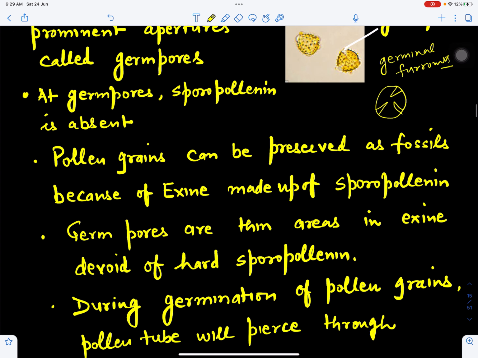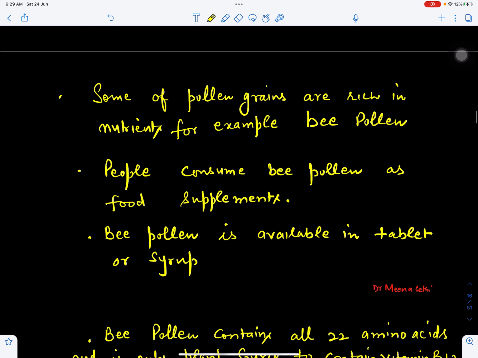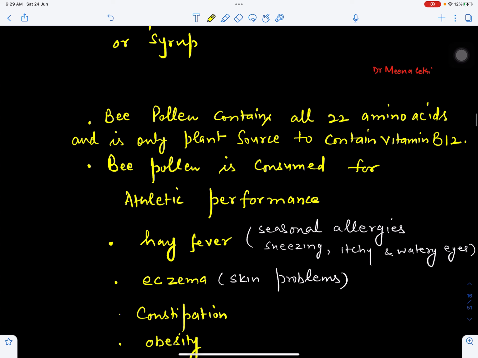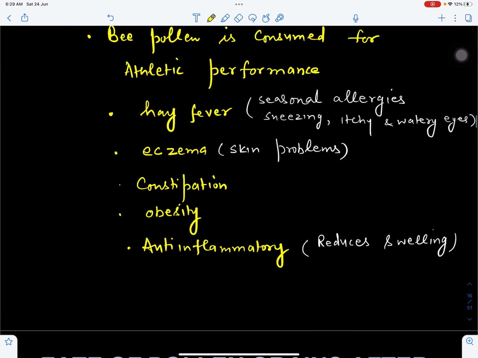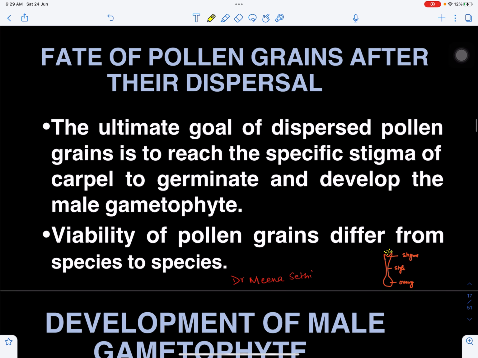Pollen grains can be preserved in the form of pollen fossils. They may be used as nutritive supplements. They have other uses also. They may be harmful also. They may cause hay fever, skin diseases, constipation, obesity, or they may be anti-inflammatory. This is a good advantage of pollen grains.